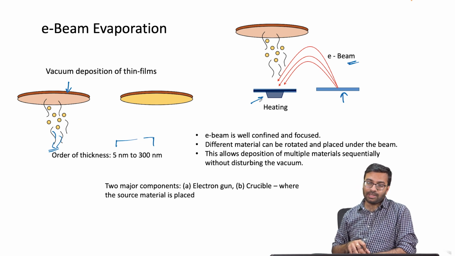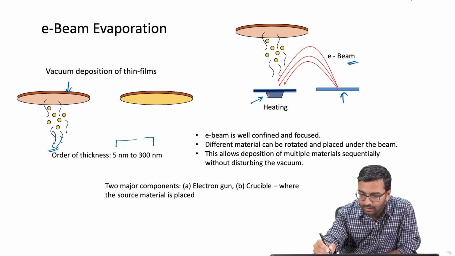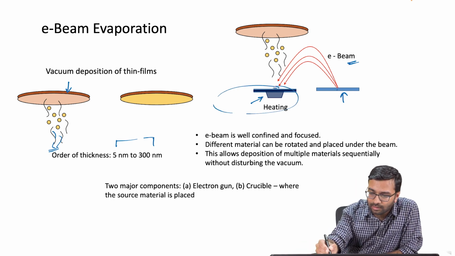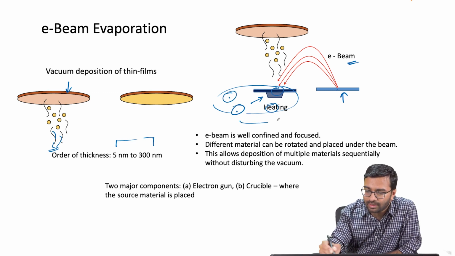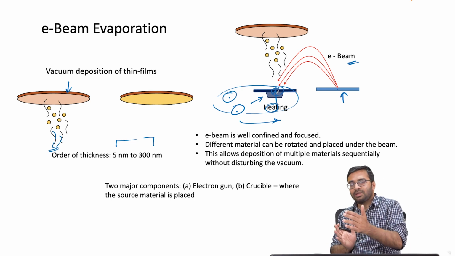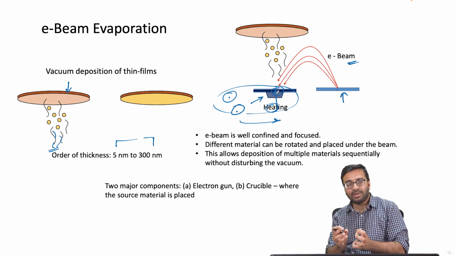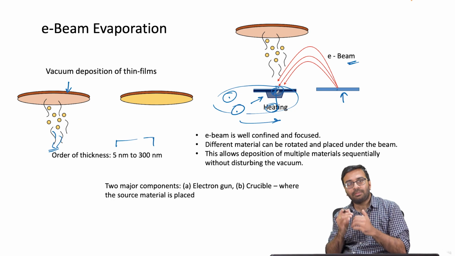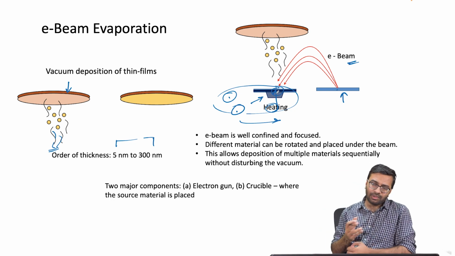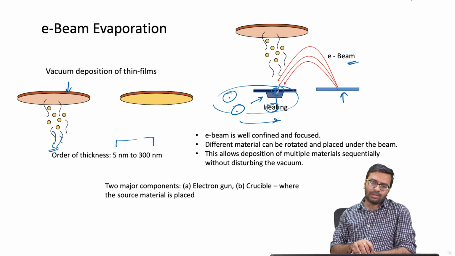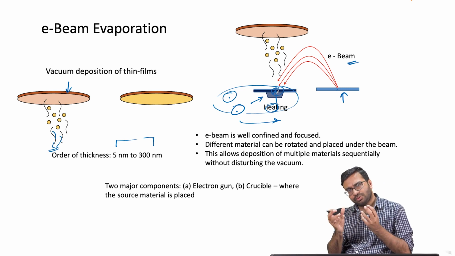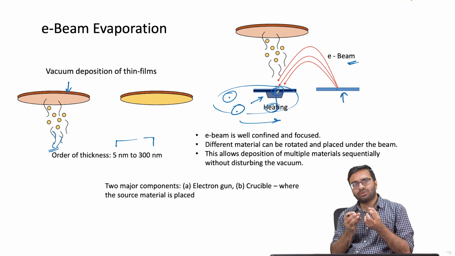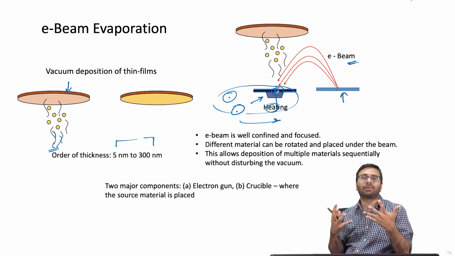So what I mean by that is, if you have an electron beam over here and say you have a disc where different materials are kept at different crucible, you can rotate that disc and put some other material just beneath the electron beam, so that that material can also get deposited, which is not that simple in case of thermal, because in case of thermal, either you need various heat source, and if it's a single heat source, then it will heat all the materials, it will create contamination.